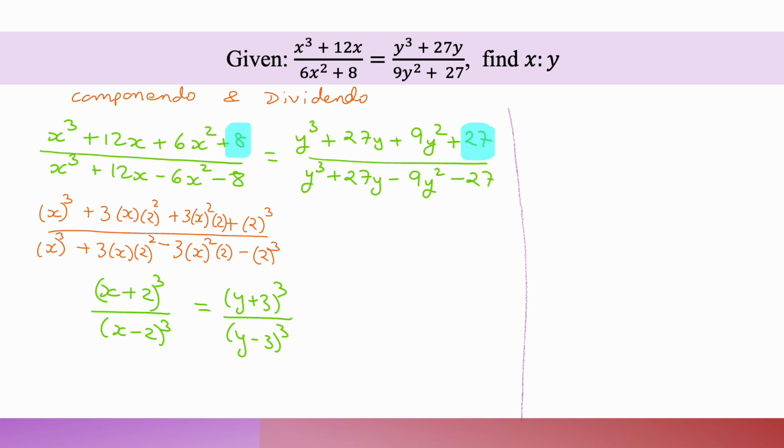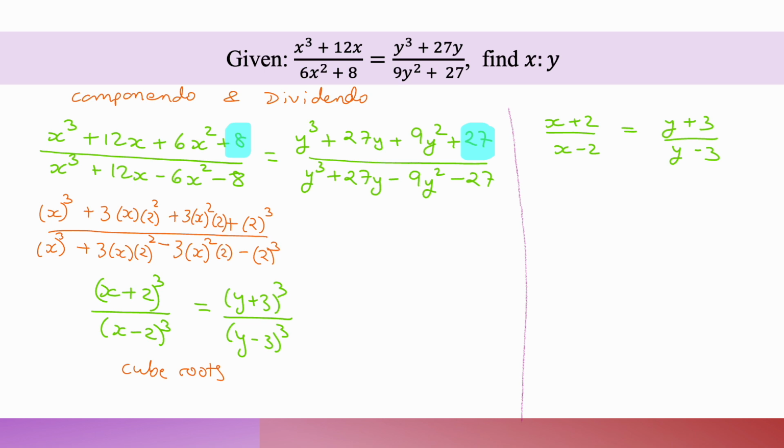Now taking cube roots on both the sides, we get (x plus 2) upon (x minus 2) is equal to (y plus 3) upon (y minus 3).